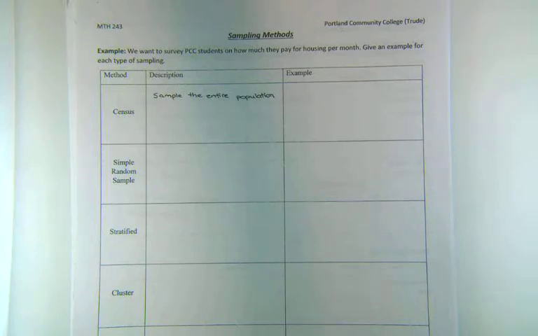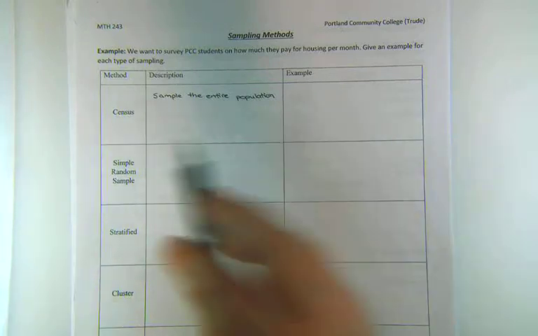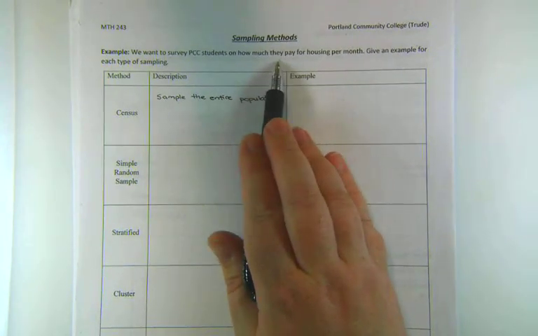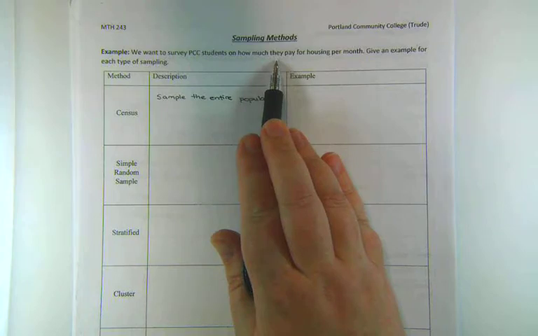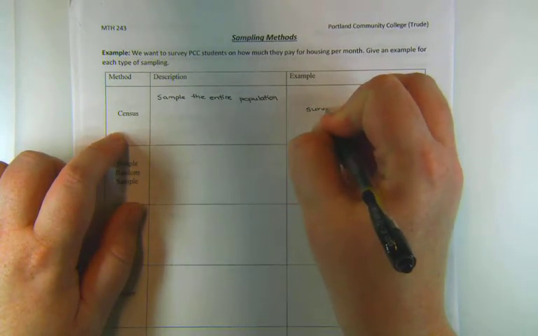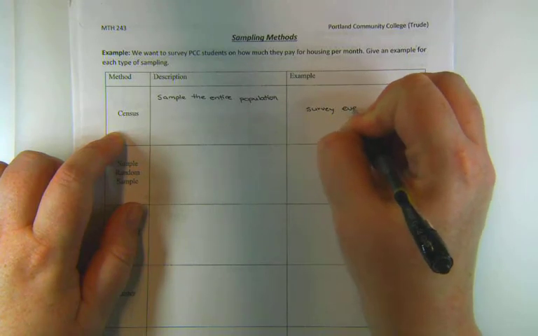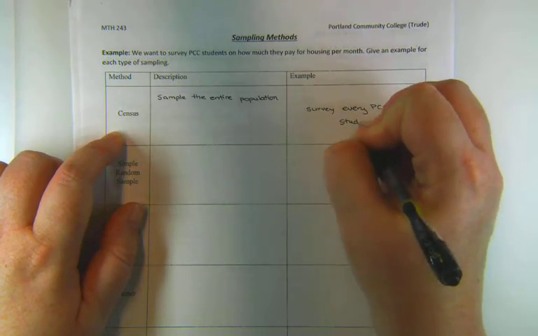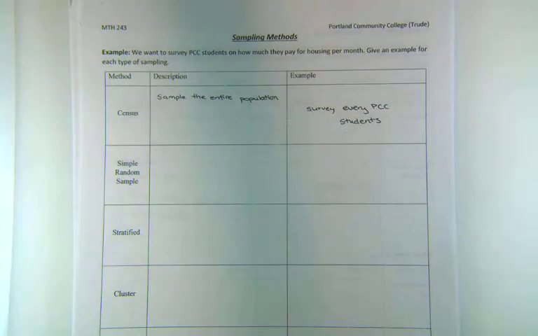But this is also a very difficult thing to do, because if I told you, your project this term is to collect a census, to talk to every PCC student about how much they pay per month, that would be very difficult, because you would have to survey every PCC student and get all of the results back as well. That's just very difficult to obtain.